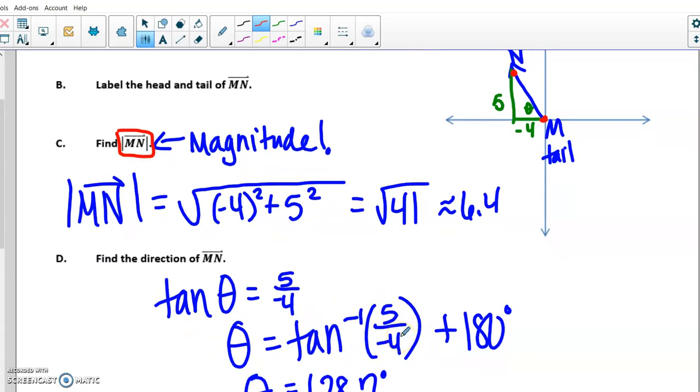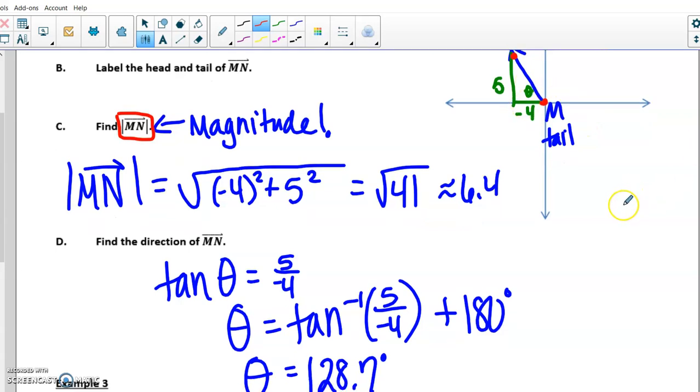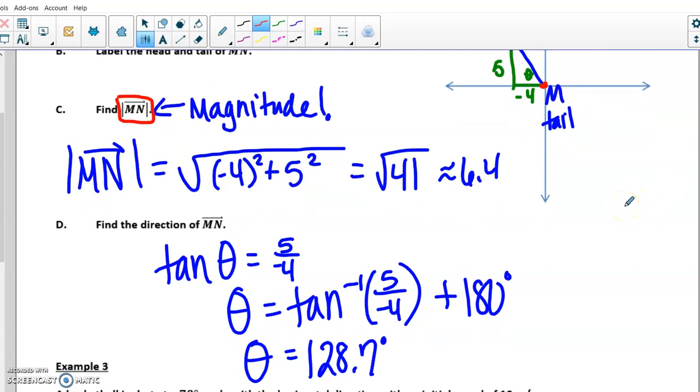But when you do that, you'll get, let me do it real quick, the arctan of 5 over -4, you get -51 degrees, which isn't really signifying, this angle I know is more than 90 because it's over here. So you could add 180 to get the positive version, and it's 128.7 degrees.